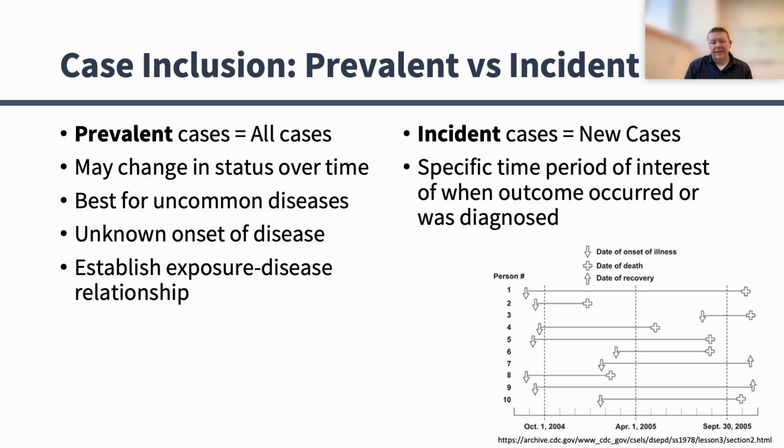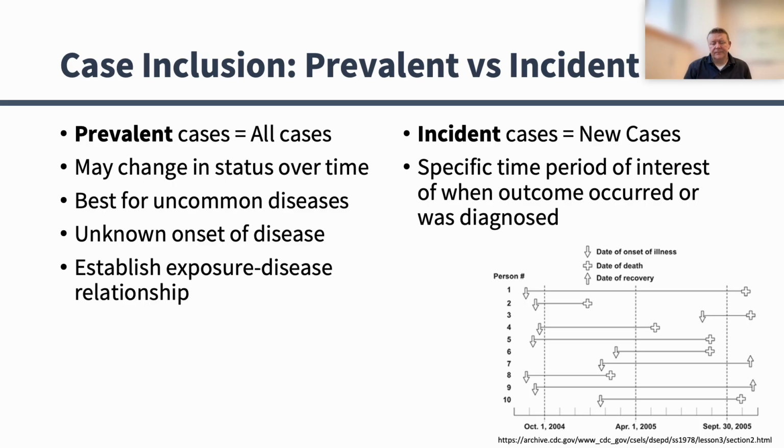We can gather a number of cases retrospectively from a set of data. We might not know exactly when the disease happened, but in the case of injuries, because it's a short-term event, we typically know when that outcome happened. And we're using that to establish an exposure-disease relationship. So we're looking back in time to see what exposures at the time of the injury might have led to that happening.